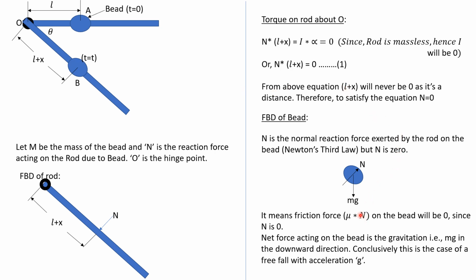And we know that the friction force is mu into N, but N is 0, so there will not be any friction force on the bead. So the only force acting on the bead is mg, the gravitational pull. So it is evident now that the bead is falling freely with acceleration g in the downward direction.